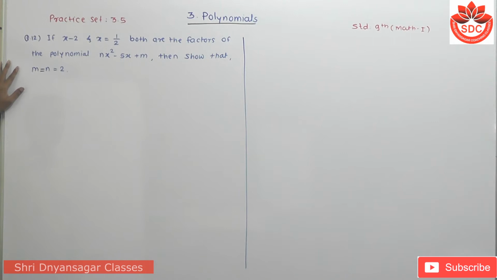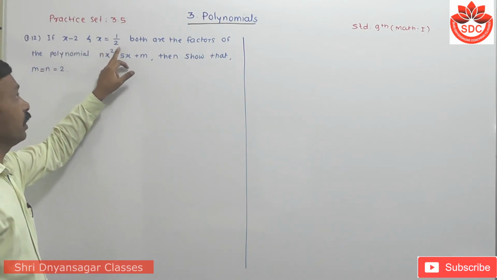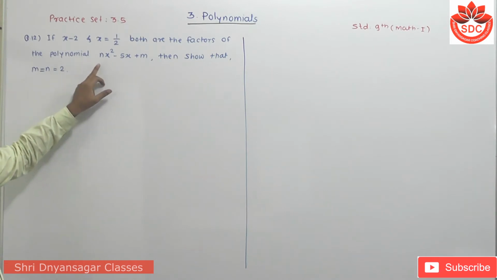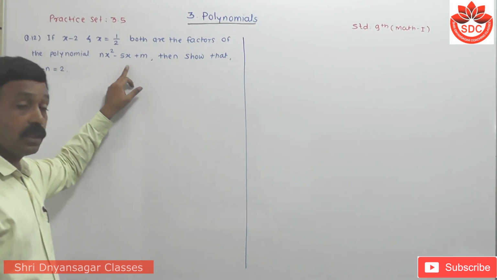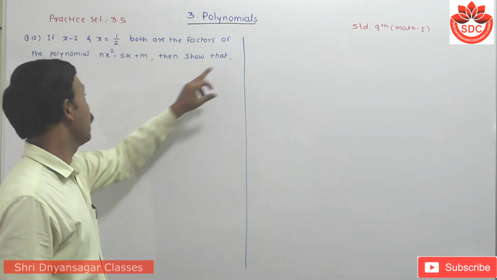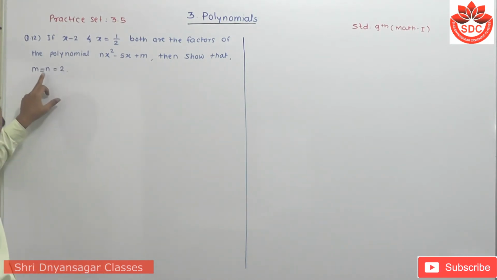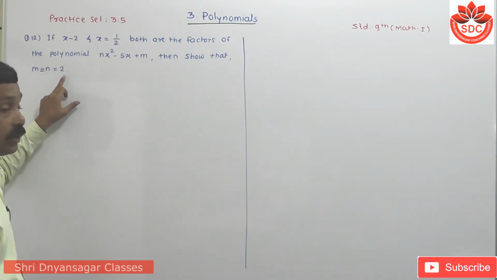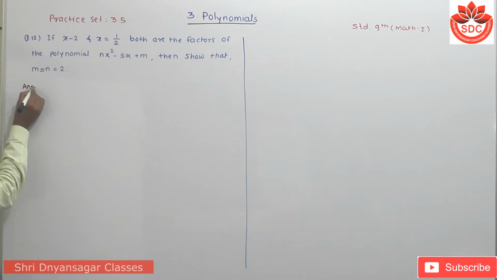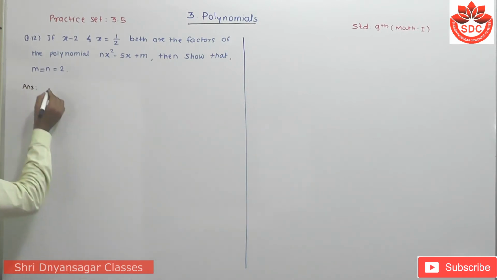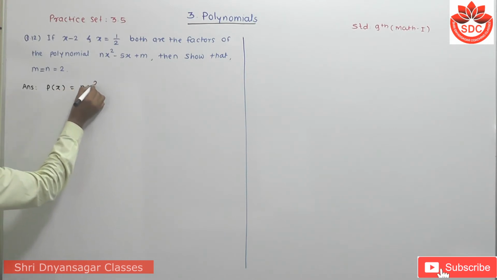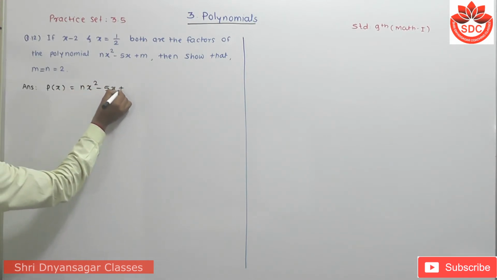Question number 12 is: if x minus 2 and x equals 1 upon 2 are both factors of the polynomial n x square minus 5x plus m. We take p of x equals n x square minus 5x plus m.